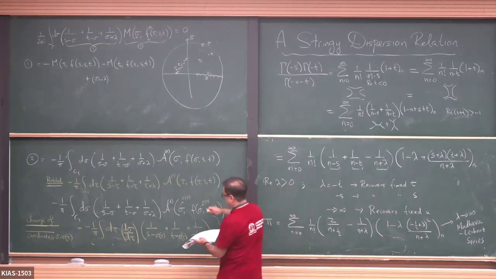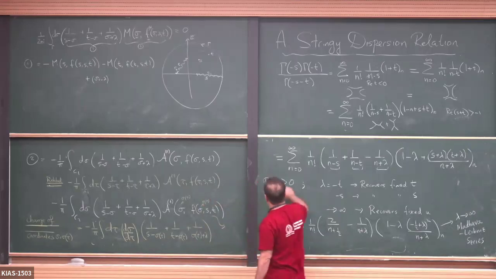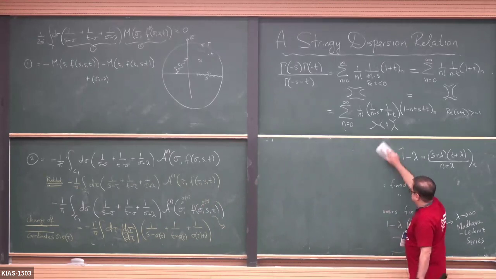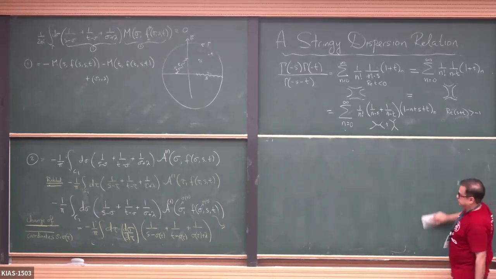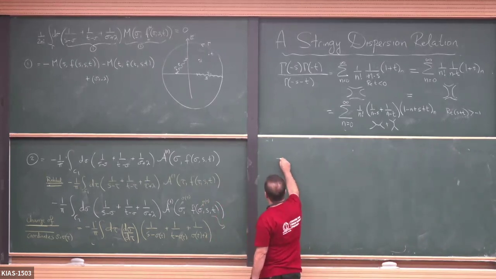And now we are going to use crossing symmetry. The fact that the T-channel discontinuity is related to the S-channel discontinuity. I'll continue using yellow.